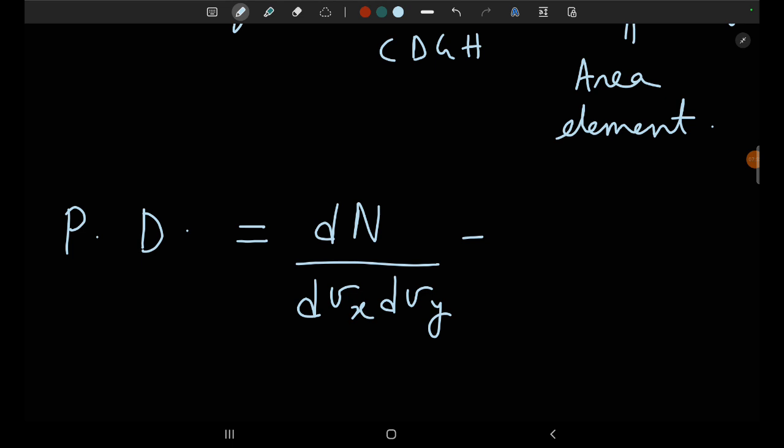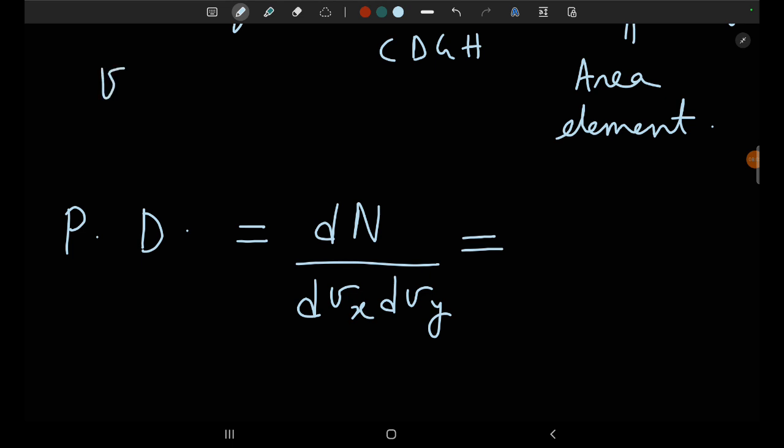This point density was the density of all the velocity vectors lying between the range C1 to C1 plus dC1.